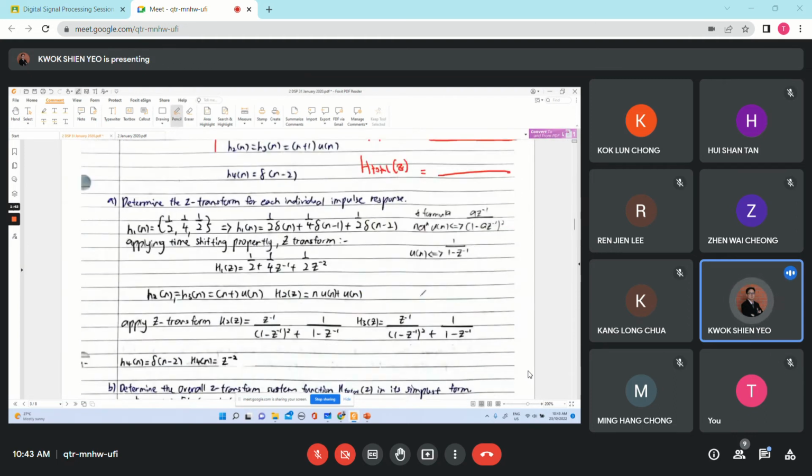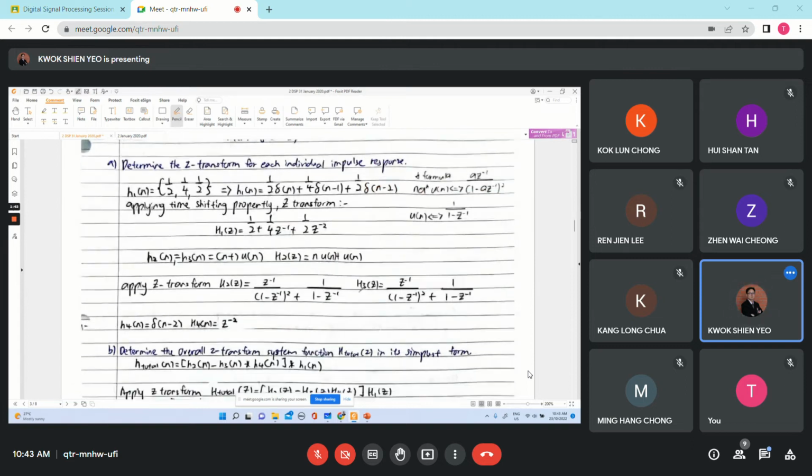So let me see what you did here. H1. Formula, right? So you have this. Okay, this is correct. From here to here is correct, using the Z transform table, item number 1.